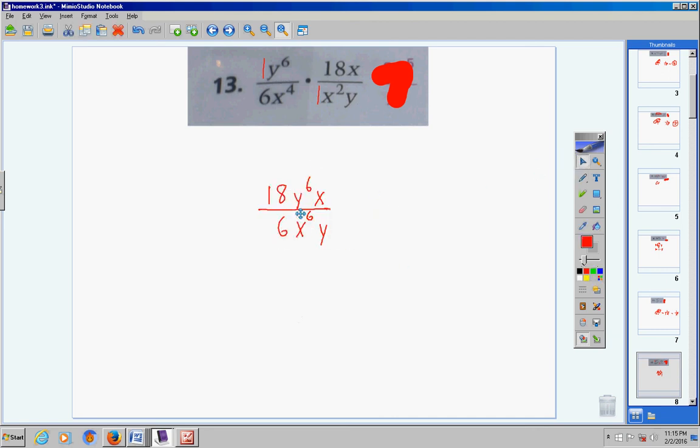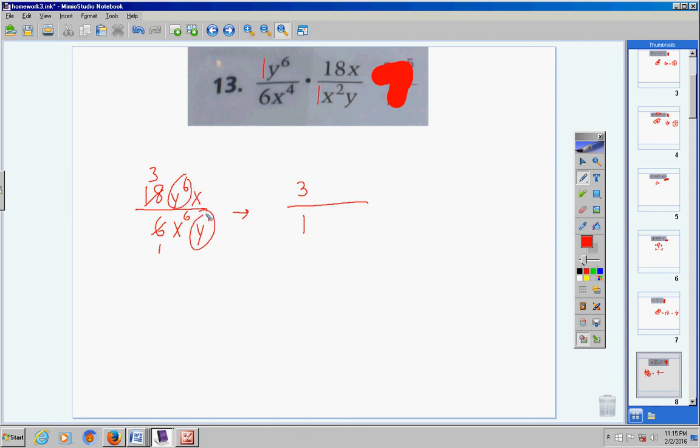First of all, let's start with our coefficients. 6 goes into both of these numbers. So now I have a 3 and a 1. Now I have y to the 6th over y to the 1 right here. I'm dividing like bases. I can do all this as long as I have one term up top in the numerator and one term down below in the denominator.